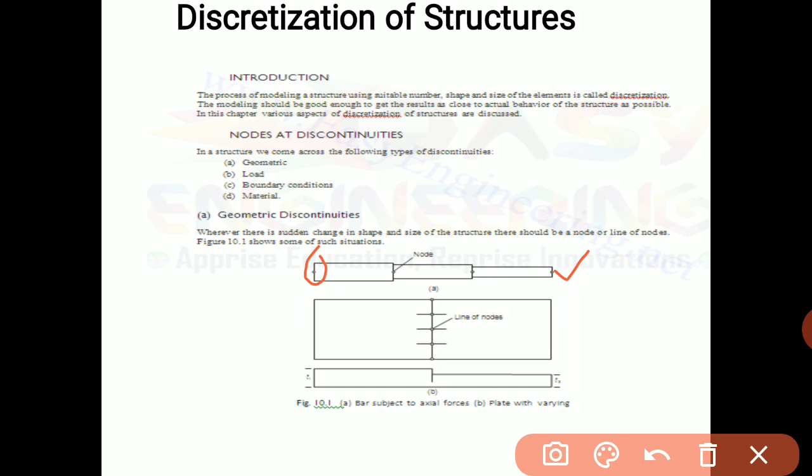These nodes are the points where we are going to find the particular displacement, load, deflection, forces, stresses, like that.